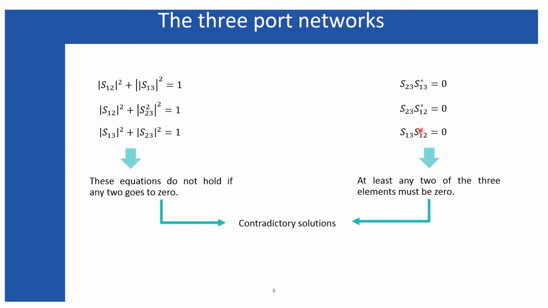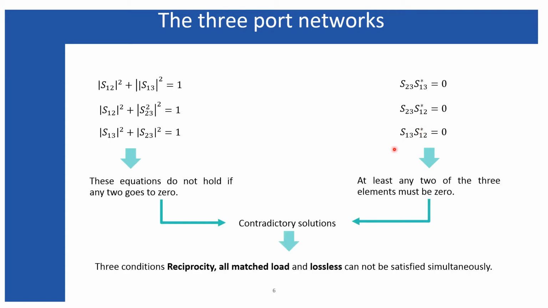Therefore, the conclusion is that these three conditions, reciprocity, all matched ports, and the lossless condition, cannot be satisfied simultaneously by three-port networks. However, by relaxing these conditions, we can design physically realizable devices.